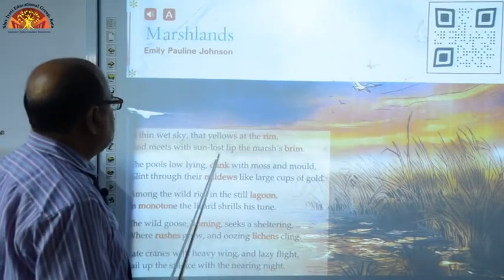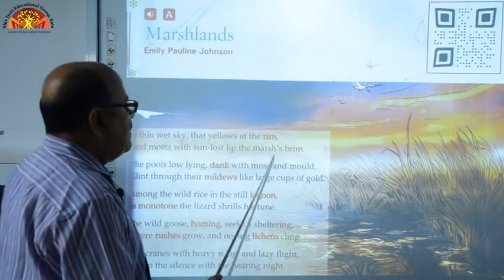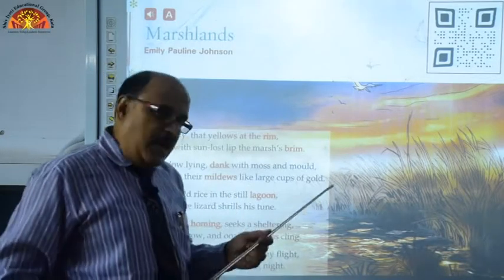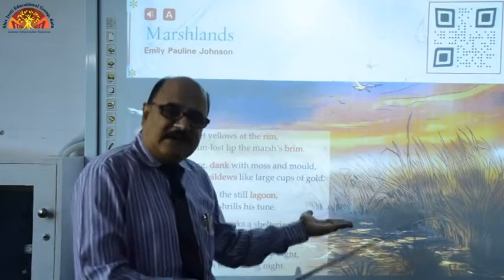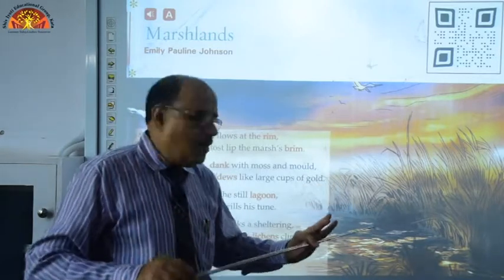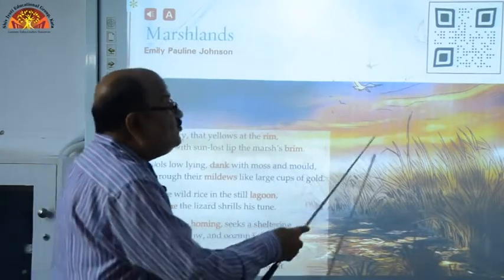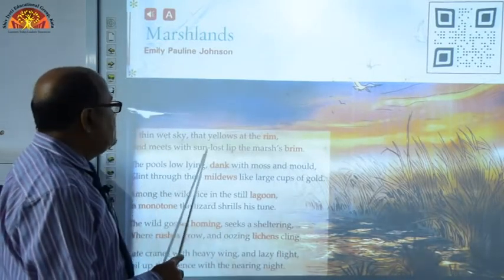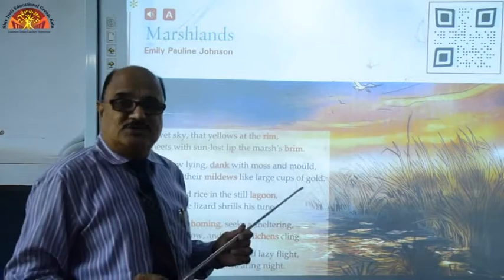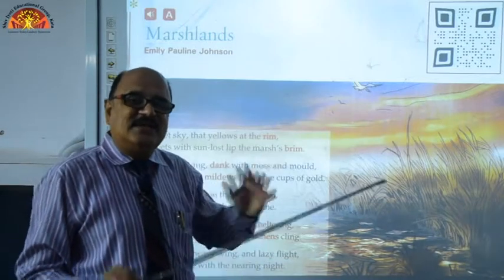and meets with sun lost lip the marsh's brim, right, and this piece of marshy land is full of this twilight. So, the poetess is saying, and meets with sun lost lip. Sun lost means the sun has recently set.